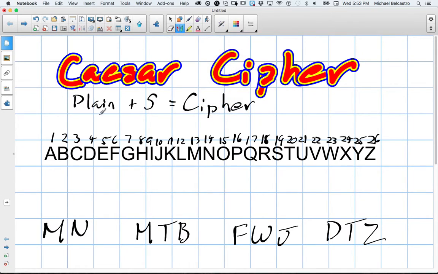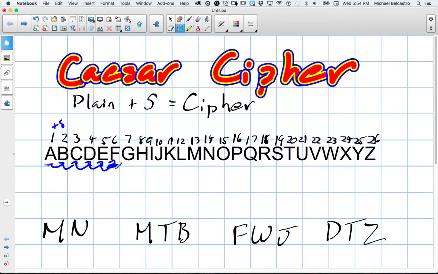So what this cipher means, plain is the normal numbers. 1 would be A, 2 would be B, 26 would be Z. So that's the plain alphabet, okay? What they're telling you is plain plus 5 is the cipher. So what they're saying is each of these numbers, okay? So A, we need to add 5 to it. So we got to go over 1, 2, 3, 4, 5.